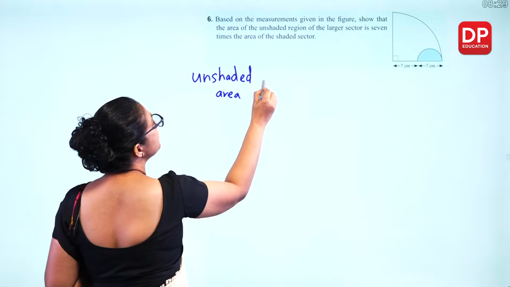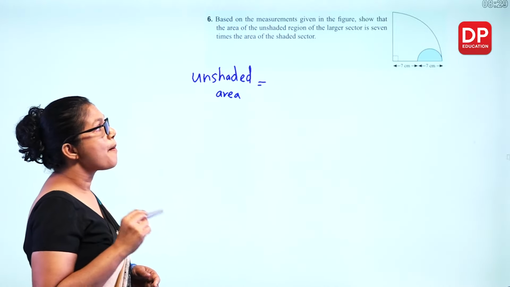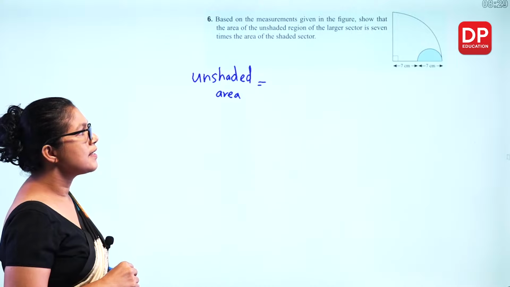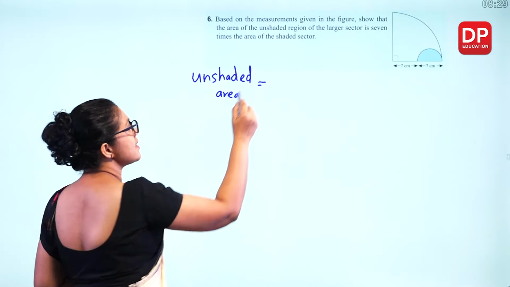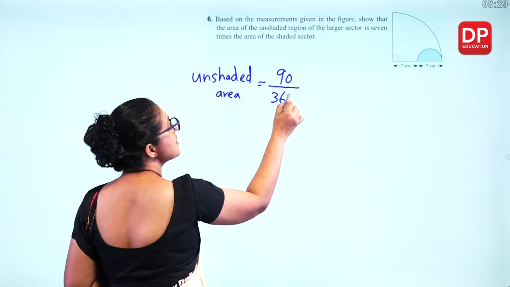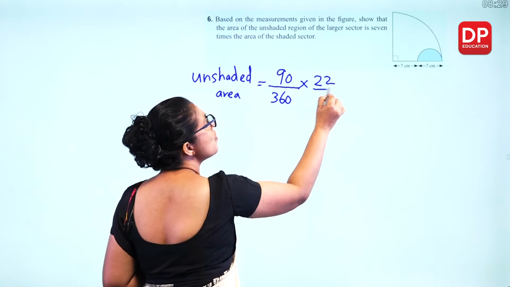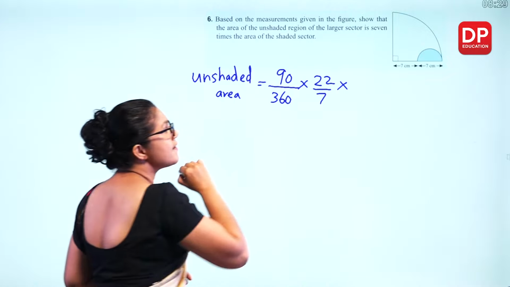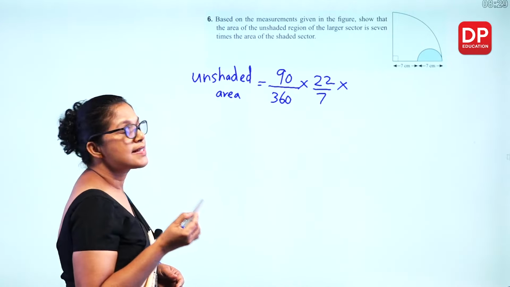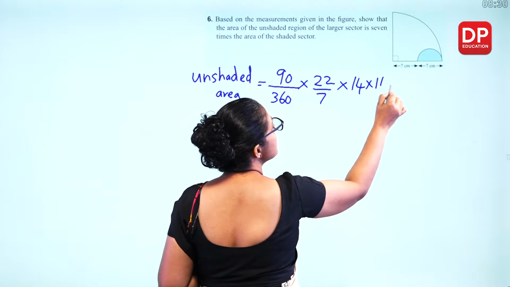Unshaded area. How can you find it? We'll take the quarter of a circle first. That's a sector. Angle is 90 over 360 into pi. Pi is 22 over 7. What's the radius there? 7 and 7 becomes 14. So 14 is the radius.